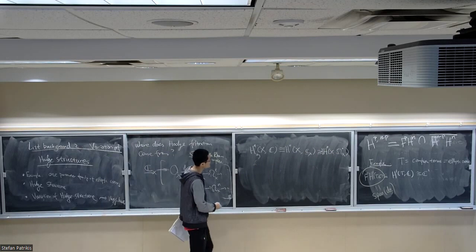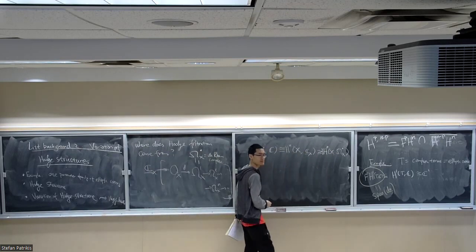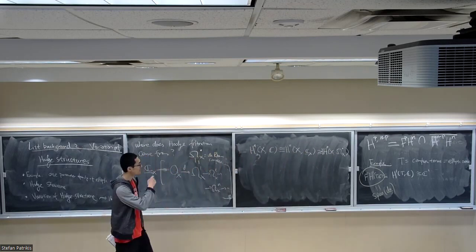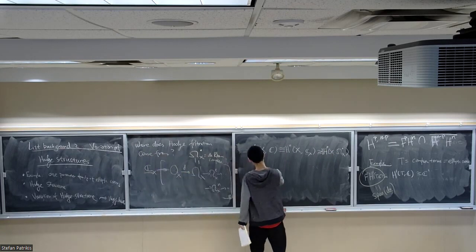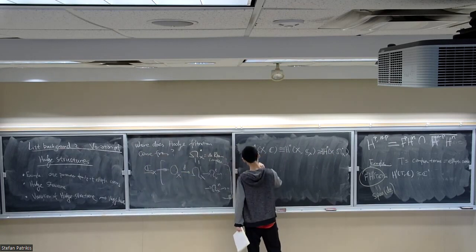As soon as you work with sheaf cohomology, you can start to take the variation. Let's define the Hodge variation.